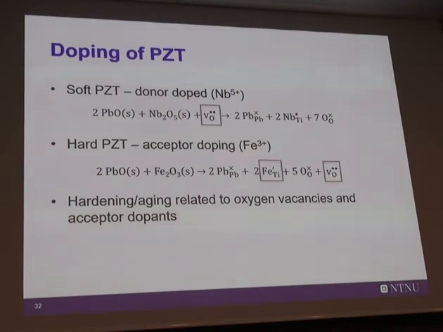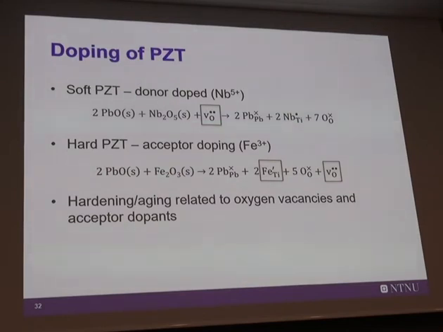So again, we don't create or annihilate any charge, because we started with a double charge here and you end up with a double charge here. But the take-home message is that by niobium doping, you can reduce the oxygen vacancy concentration. That's the whole point. So by doping in niobium, you reduce the oxygen vacancy concentration.